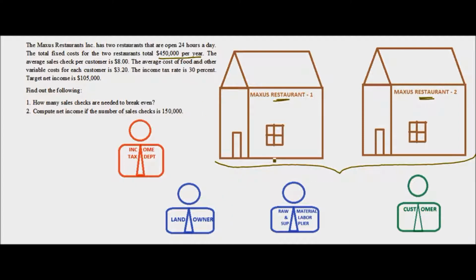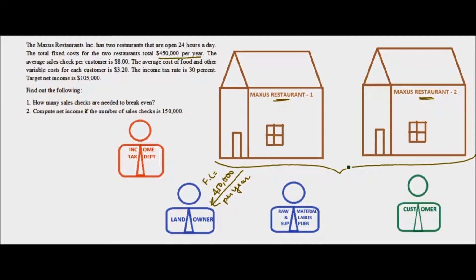So let's say these restaurants are leased from a landowner and we have to pay an amount of $450,000 per year in fixed cost.